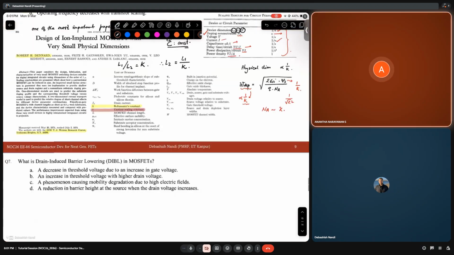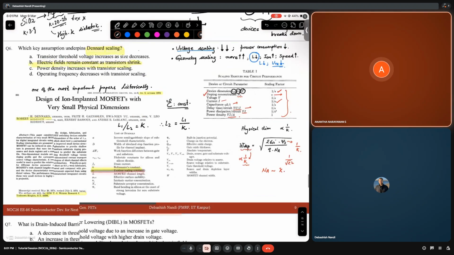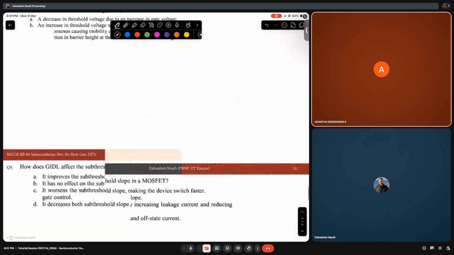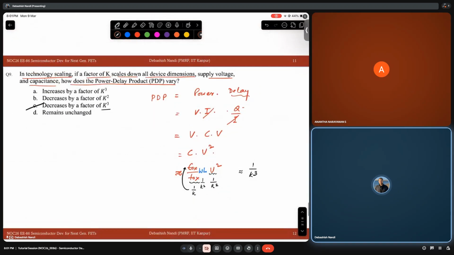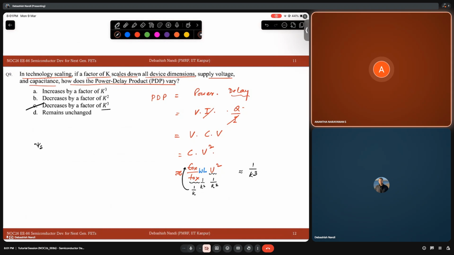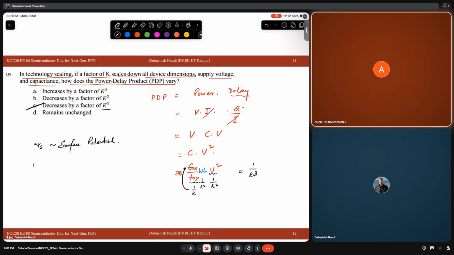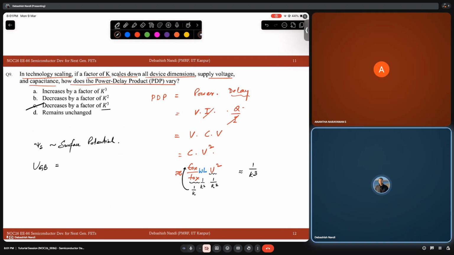Just one doubt I have to ask, sir. Why does psi s actually scale with k? How does it become 1 by k? What is psi s? Psi s is the surface potential. So your gate voltage VGB is VFB plus oxide drop plus surface potential.